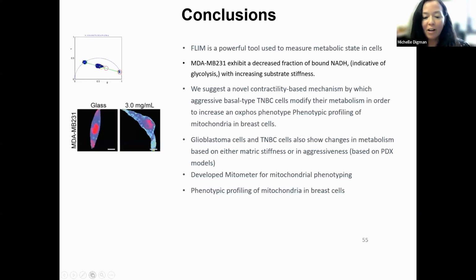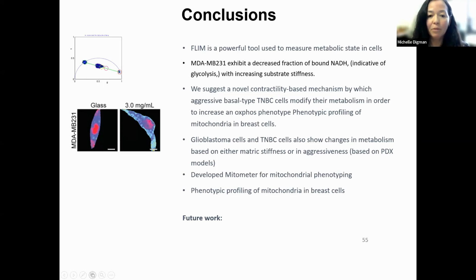So overall, I showed you this work where FLIM is a powerful tool to measure metabolic state in cells. We saw that these triple negative tumor cells exhibited a decrease in fraction of bound NADH, indicating more glycolysis when in stiff material, but in soft material, they're more oxphos.